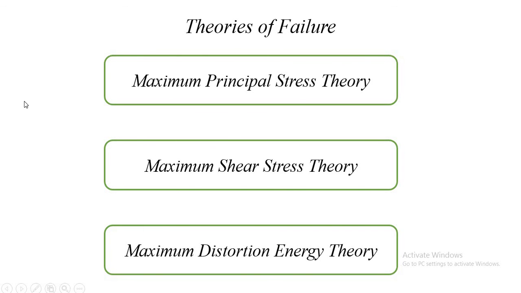Here are few theories of failure: maximum principal stress theory, maximum shear stress theory, and maximum distortion energy theory. Maximum principal stress theory is applied for cast iron materials. It is found in cast iron that yield strength due to compression is greater than yield strength in tension. Hence, maximum principal stress theory is used for designing cast iron components.